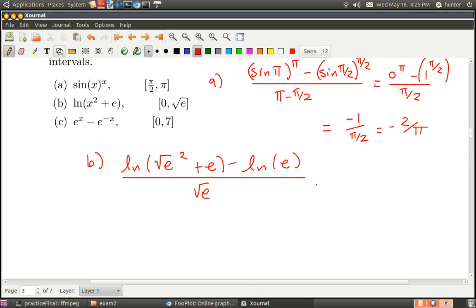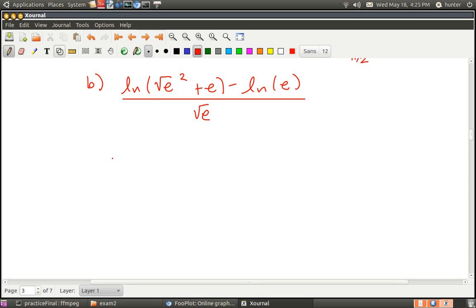I mean, you can simplify this a little bit, so maybe that's worthwhile. Okay, so just a little simplification exercise. Don't have to do it, but it's kind of fun. So it comes out to natural log, square root squared is just e, right? And e with e is 2e. And I've got minus ln e. And down here I've got the square root of e. So something good happens here with the laws of logs.